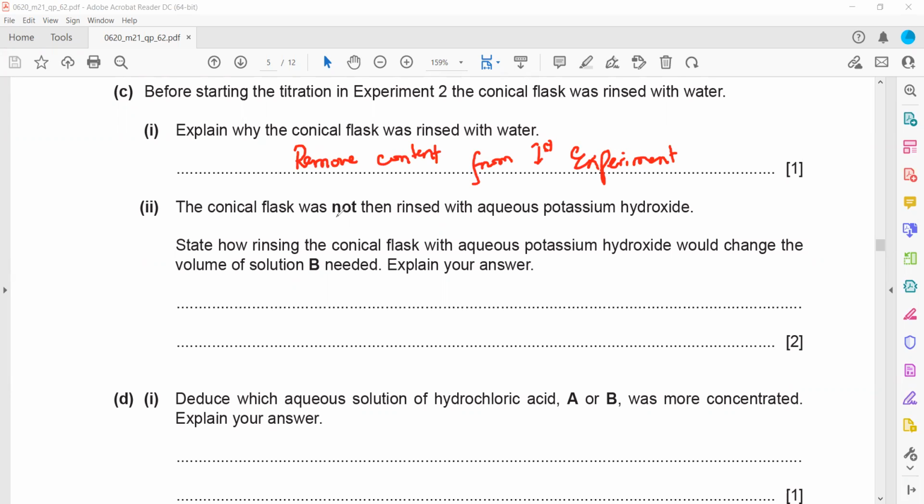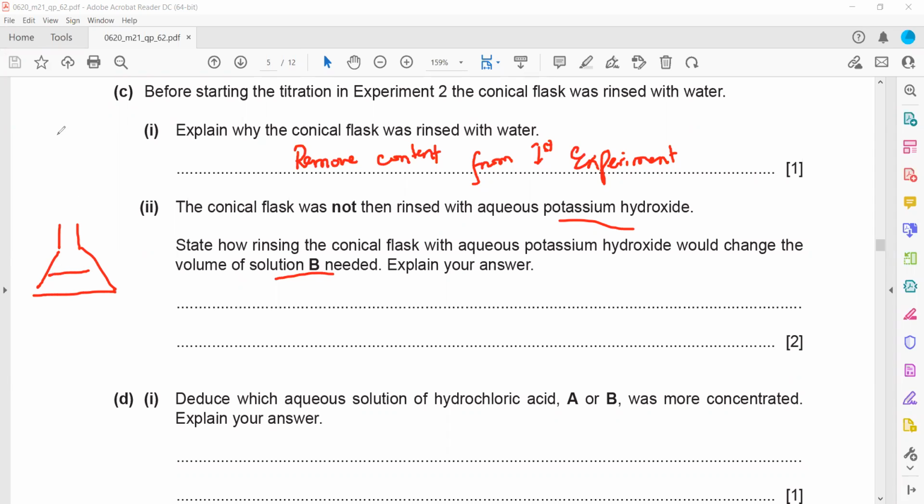The conical flask was not then rinsed with aqueous potassium hydroxide. State how rinsing a conical flask with aqueous potassium hydroxide would change the volume of B needed, and explain your answer. Like what we did: first the first experiment is done.